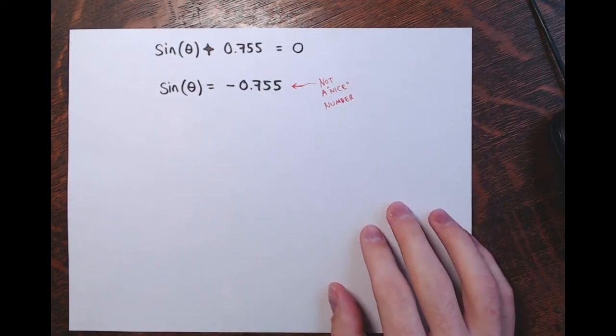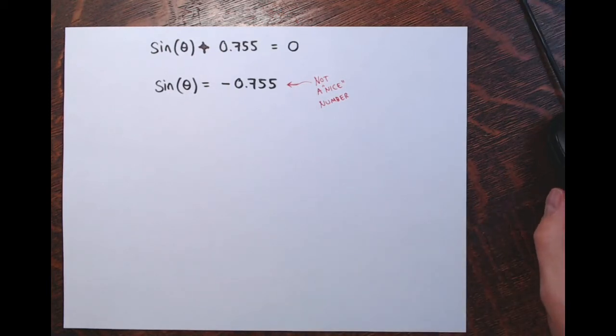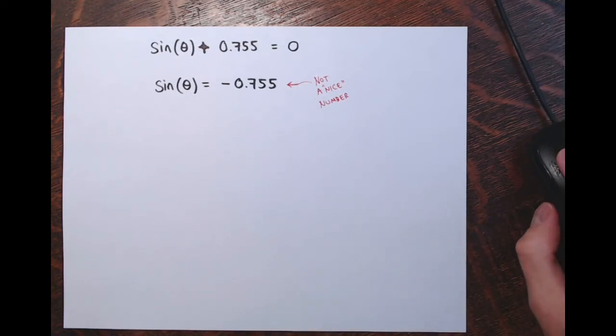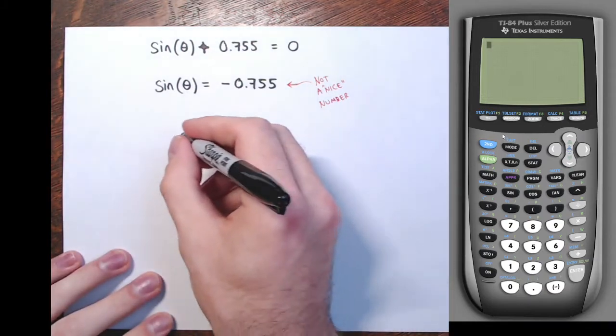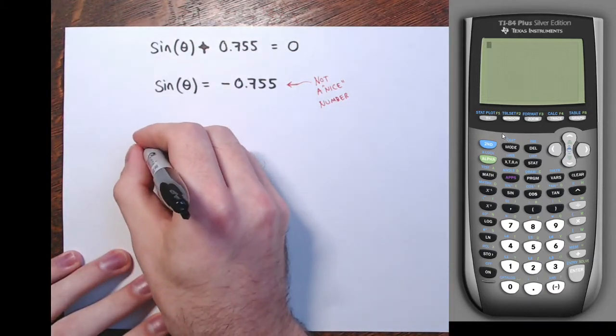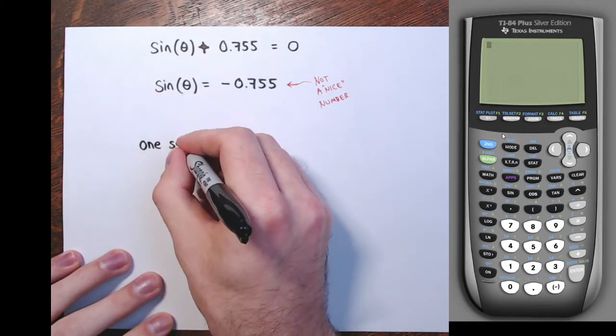Now, they did want the solutions in radians, so I'm going to go to radian mode. So I'm pulling up the calculator now, and I'm going to make sure that I am in radian mode, and I am. Okay, I'm going to hit the mode button. So one solution, just one solution to this, would be to take the inverse sine, because it's the sine.